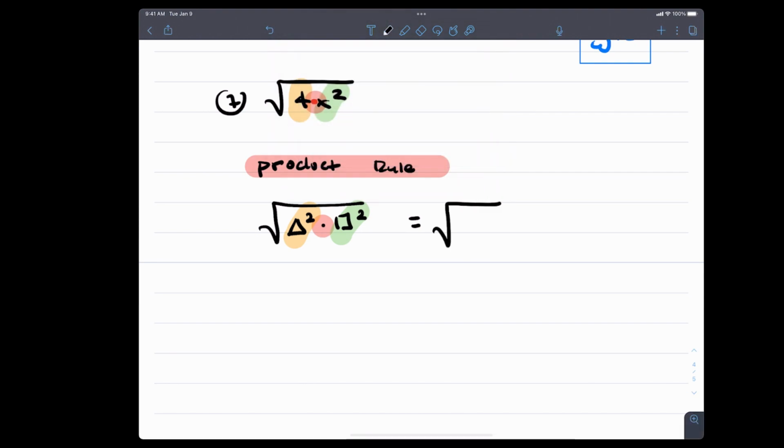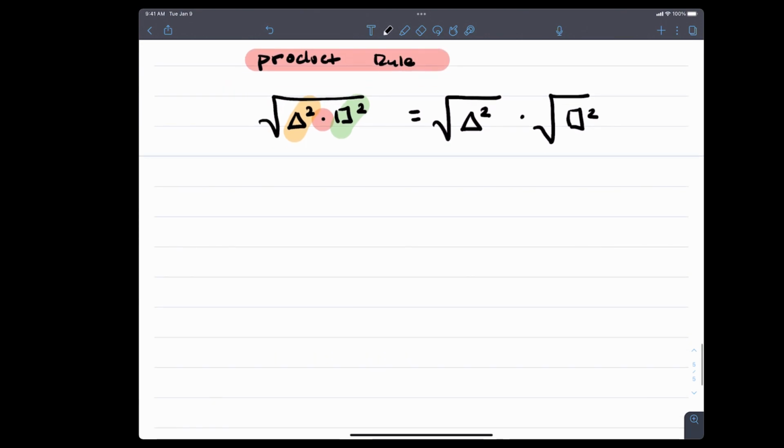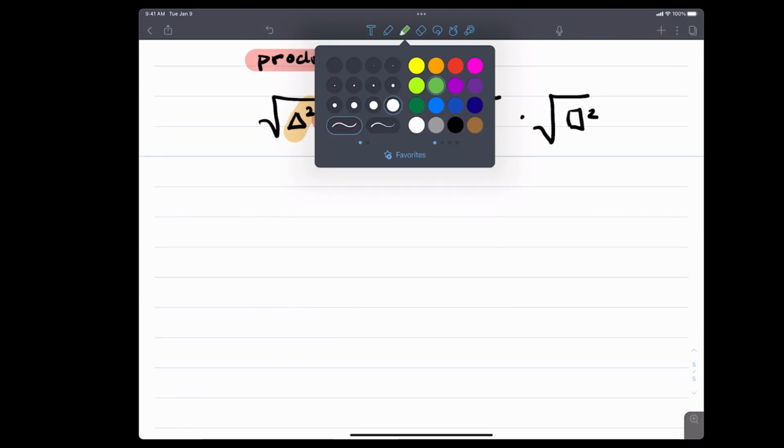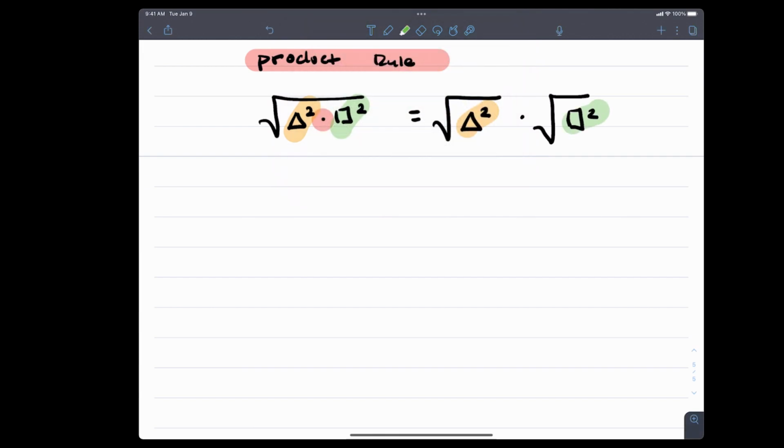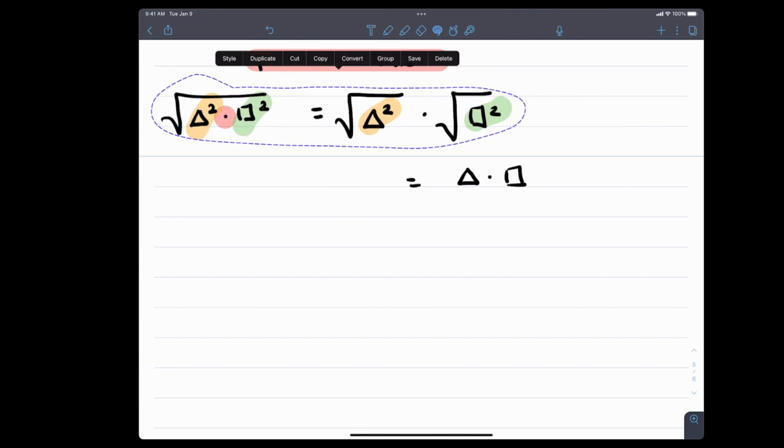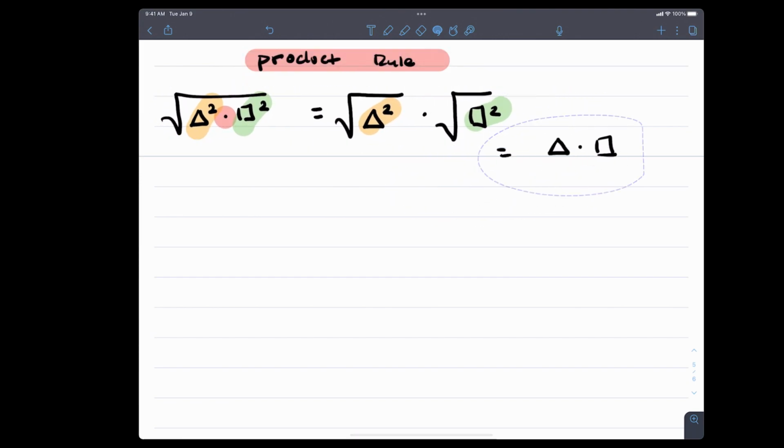You can take the square roots of each perfect square separately, and you multiply. Do it separately. You know what you end up with? Triangle times the square.